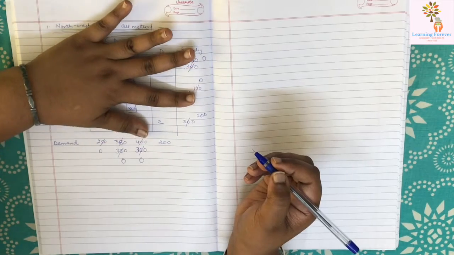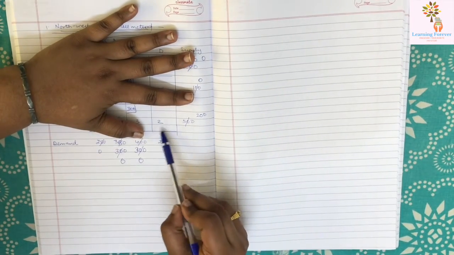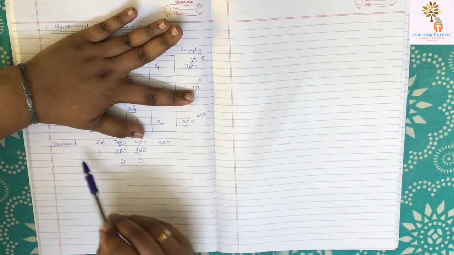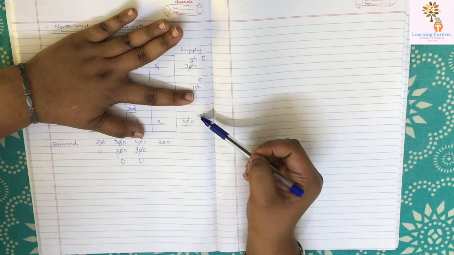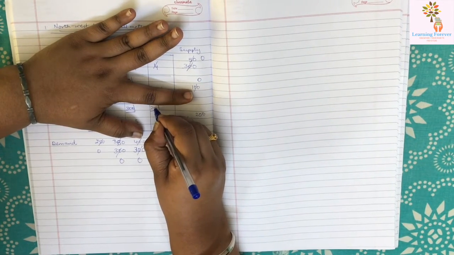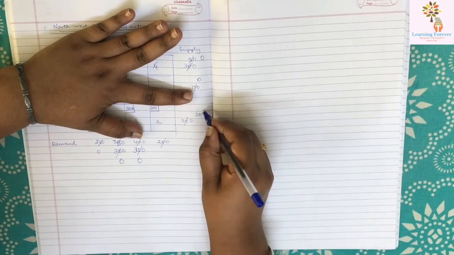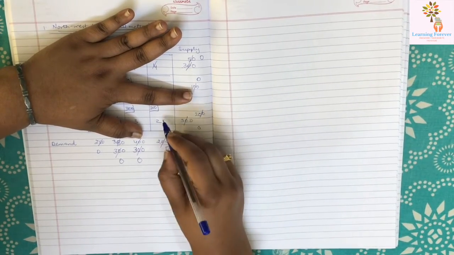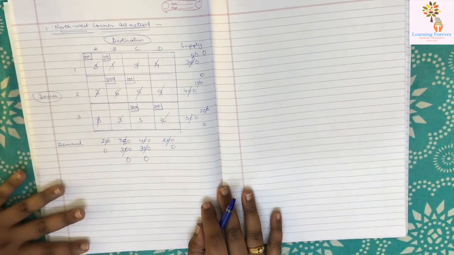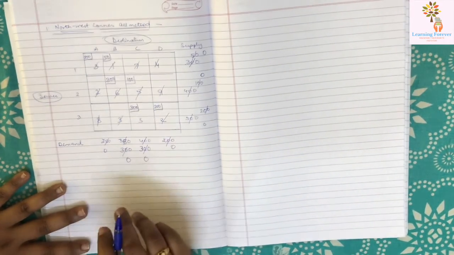Now we are left with only this one cell, which is 2. In this case we have demand as 200 and supply also as 200. So we will put here 200 and this becomes 0. Now we have completed the boxes.